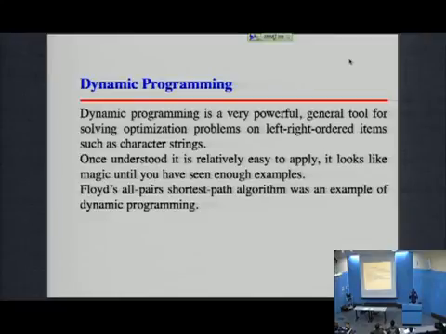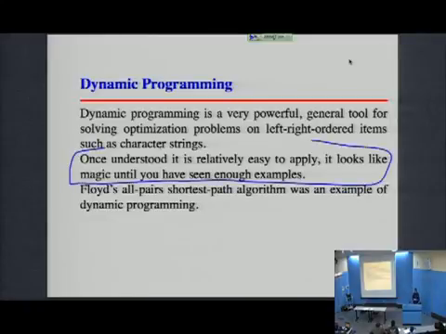And once you get into that idea, you'll see they can't be that complicated, because the idea is simple enough to express in a short recurrence relation. That said, it looks like magic until you see enough examples. And so hopefully I'll show you enough examples over the next couple of lectures that it won't seem like magic. Any questions?